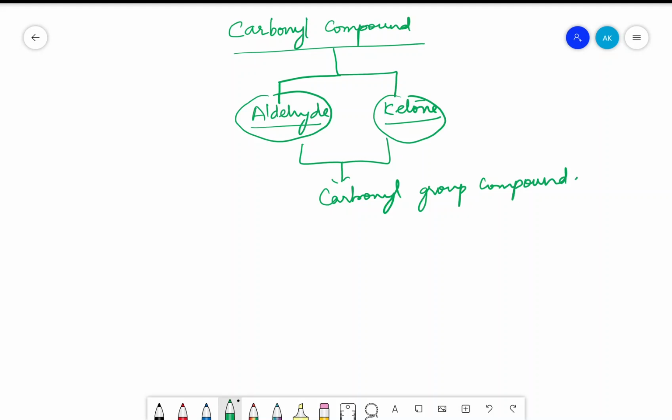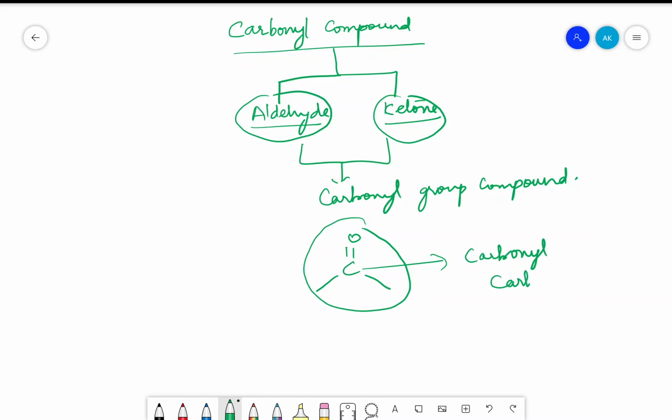This carbonyl group is actually nothing but a carbon and oxygen. Carbon will have two more bonds. This is the carbonyl functional group. The carbon is called carbonyl carbon. In the similar way, oxygen is called carbonyl oxygen.